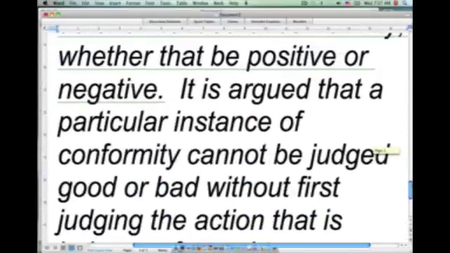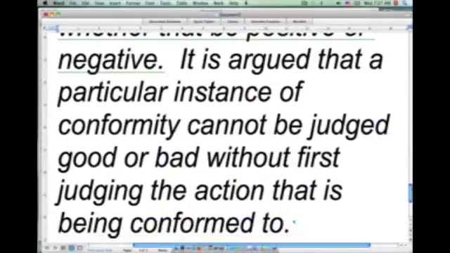It is argued that a particular instance of conformity cannot be judged good or bad without first judging the action that is being conformed to. I'll let you read that to yourself.